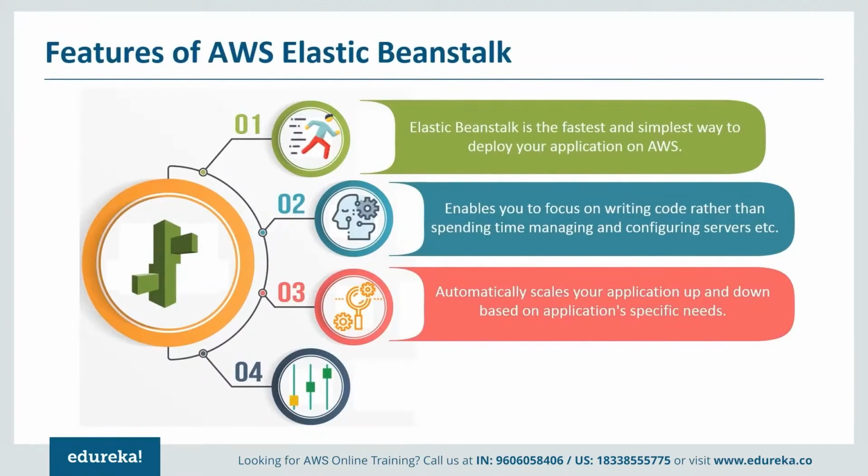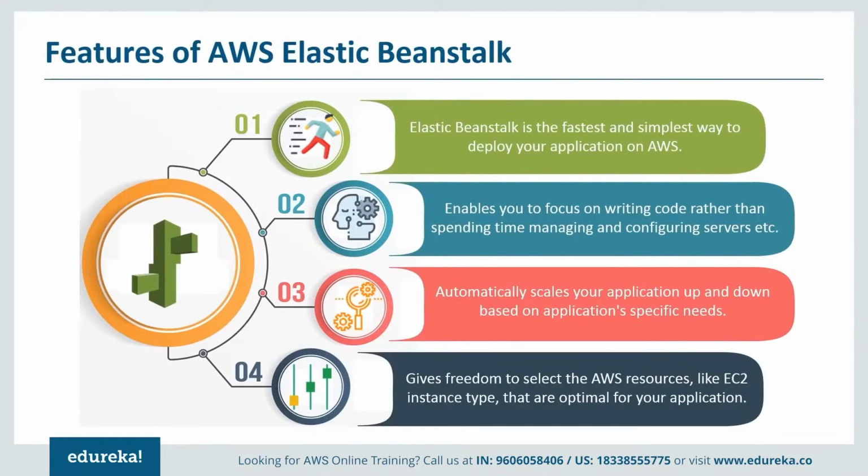But there is one feature which is specific to Elastic Beanstalk. Suppose you have deployed an application using Elastic Beanstalk, but now you want to make changes to the configurations which have been already assigned to your application by Elastic Beanstalk. Though Beanstalk is a Platform as a Service, it provides you with an option where you can change the pre-assigned configurations like you do in Infrastructure as a Service.